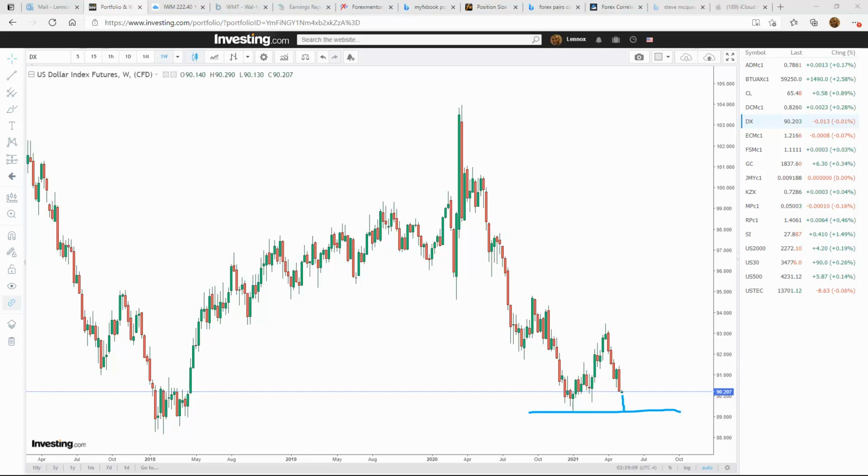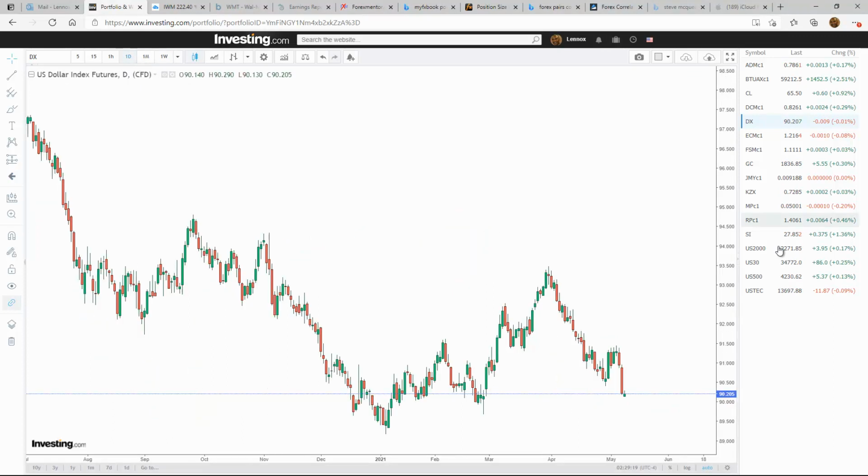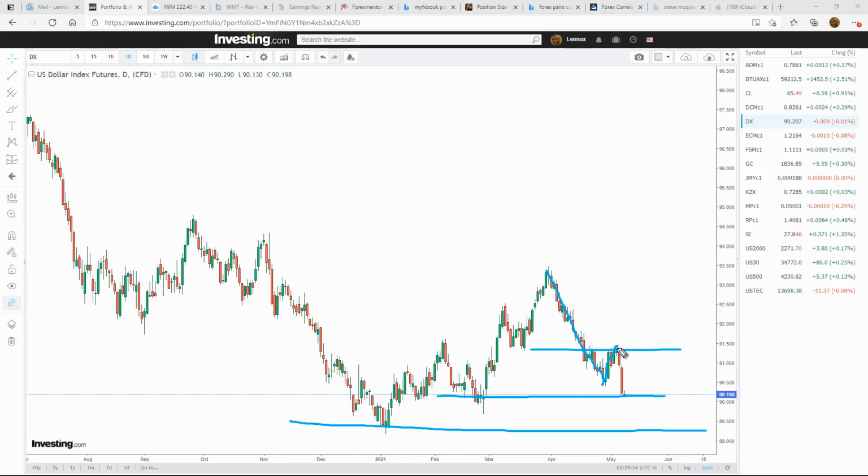So let's go a little closer on the daily and see if that is so. Okay, so dropping to the daily time frame. Right here we have our support area, a smaller support area. We've had quite the move to the downside, a push back up, couldn't get anywhere, and now we're dropping again.